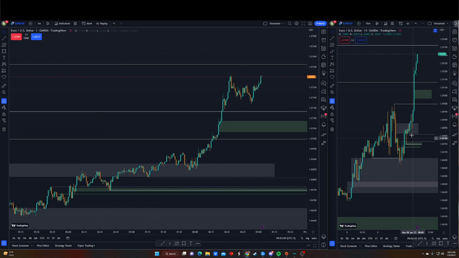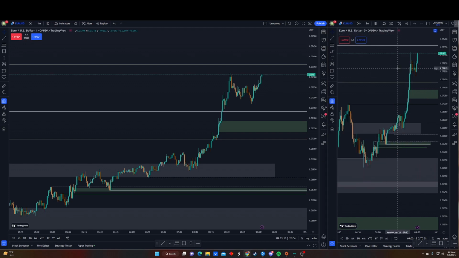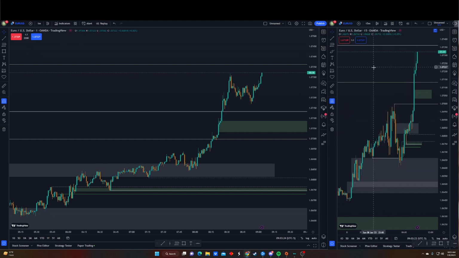On 15 minute wasn't really an entry. This was a fair value gap. It would have been more clear in my mind. Only thing there on the 5 minute was that order block, which I'm still gaining confidence on, order block theory.